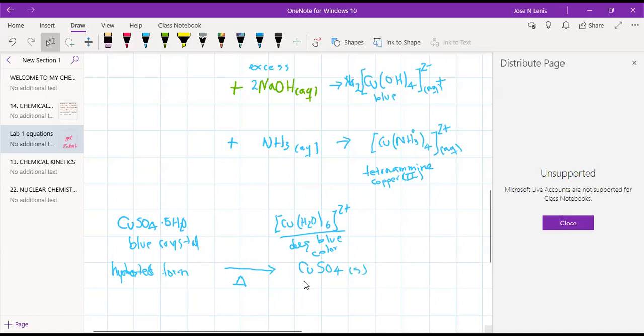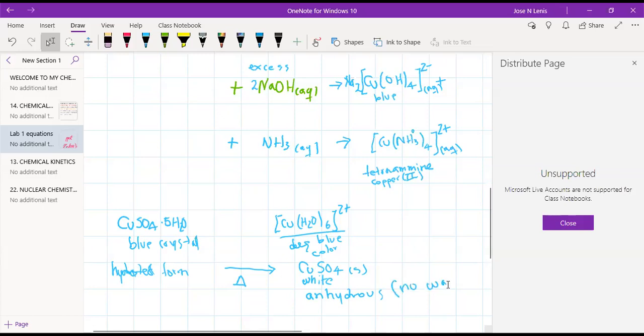The color of this is like white. And this is what we call the anhydrous. White anhydrous copper sulfate. I mean, anhydrous means no water.